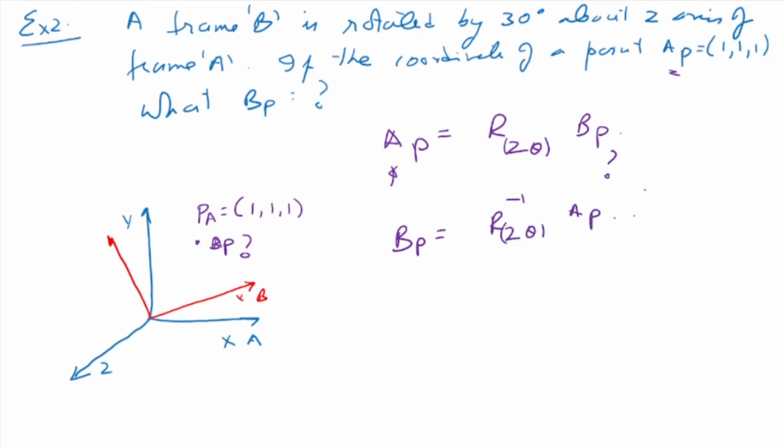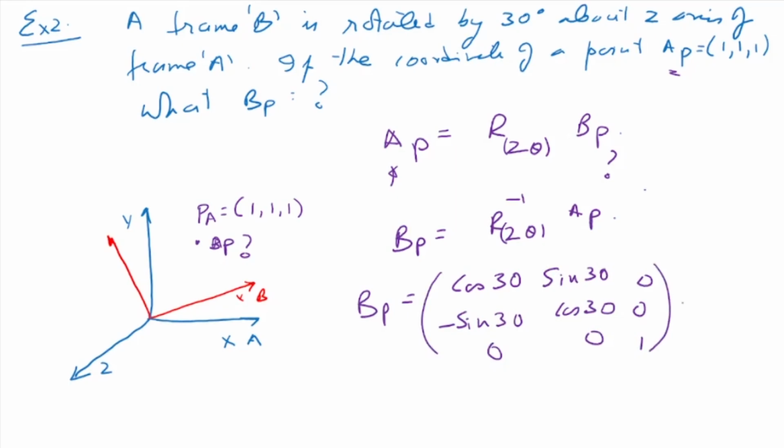That's simple. Now we know what is the transpose of the rotation matrix. The inverse of the rotation matrix is the transpose. So BP will become equal to cos 30, sin 30, 0; minus sin 30, cos 30, 0; 0, 0, 1, times 1, 1, 1. Okay, so BP, how did we get this one? This is the transpose.